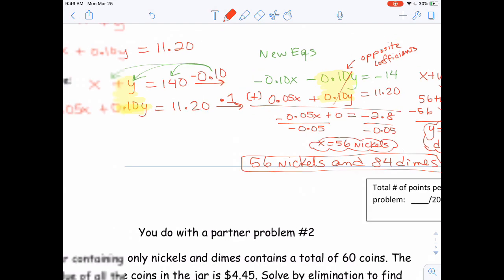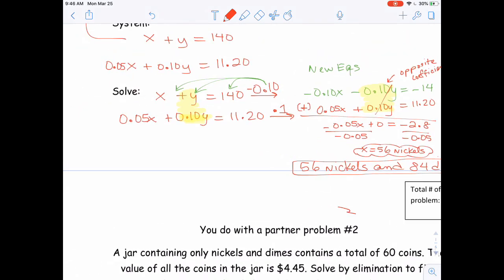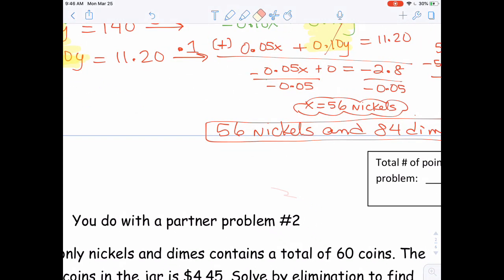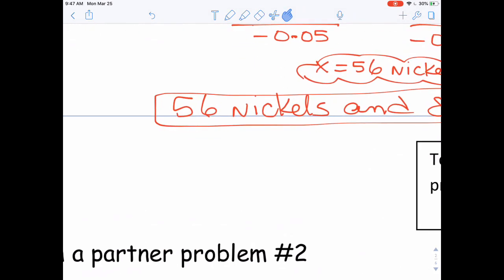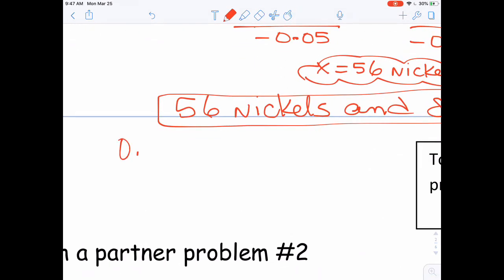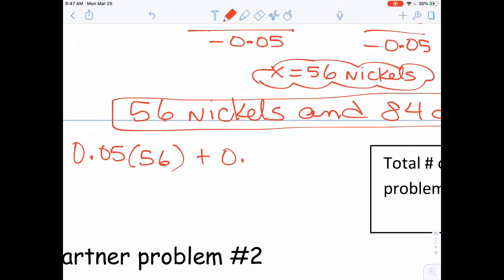But let's just think about checking it for how much money we have. So for the money, we know that this is 0.05. Be careful where you substitute. That's 56 for x. And then we got 10 cents each dimes are worth, and that has to be equal to $11.20.